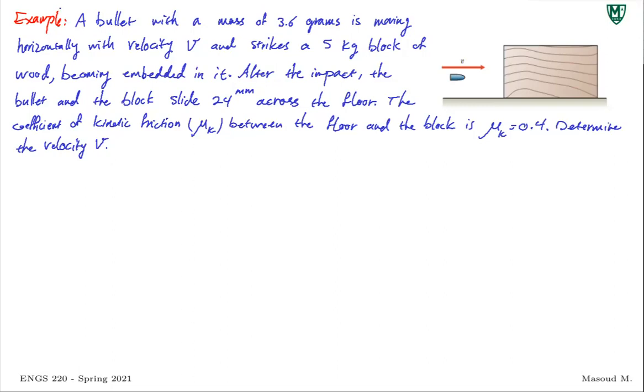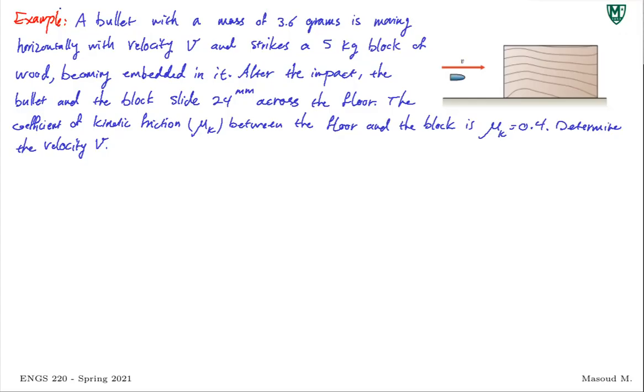Impact happens, the bullet goes inside the block and stays there, so possible outcome one. Because of this impact, the two together move 24 millimeters across the floor. We are given the coefficient of kinetic friction mu k between the floor and the block, and we want to find the velocity v.